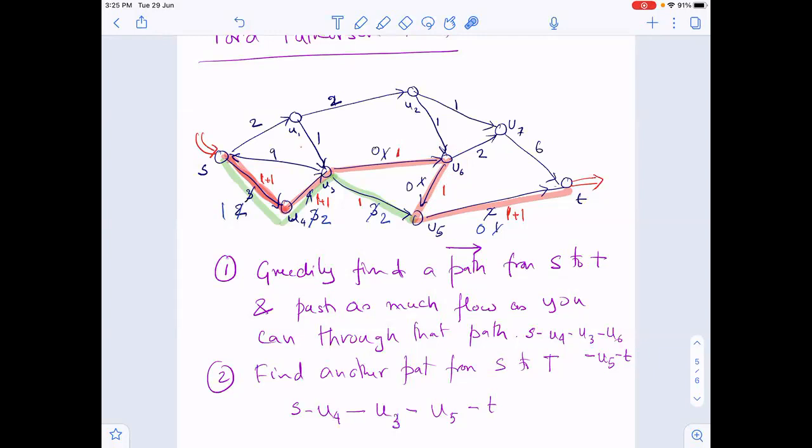Or direct it through some other route. In other words, I will push 1 unit back. It's like 1 unit is flowing from U6 to U5, and 1 unit is flowing from U5 to U6. So U5 and U6 have kind of cancelled out each other. But after coming here, I can then pass 1 unit from here and 1 unit from here.